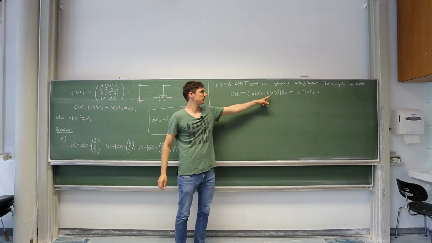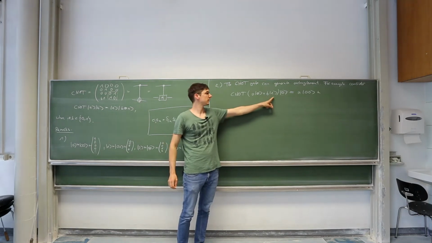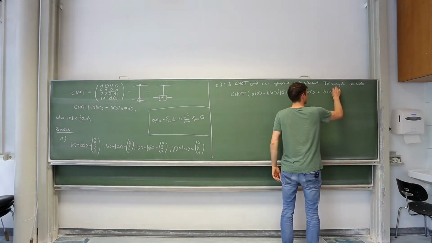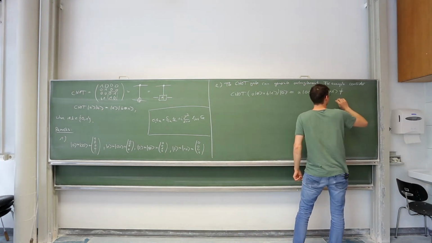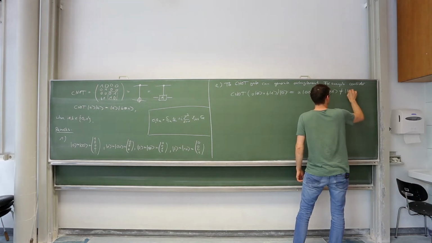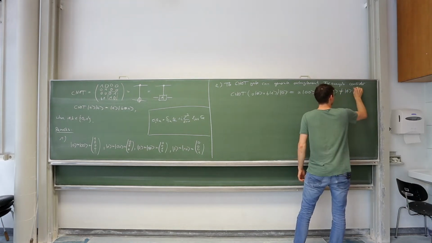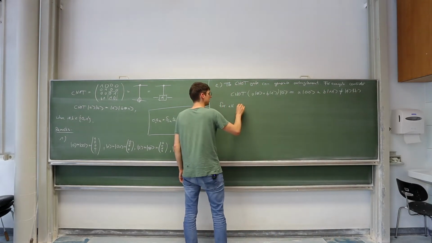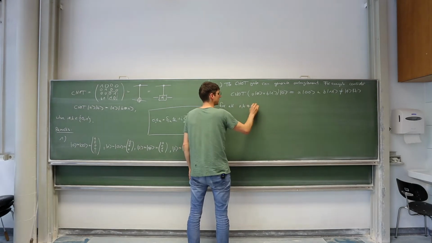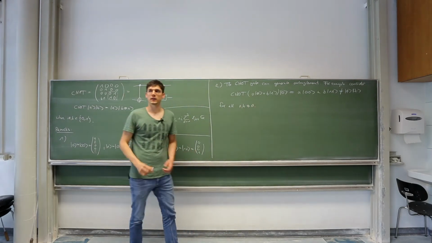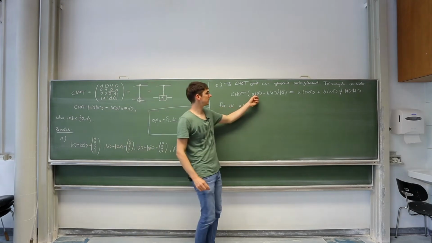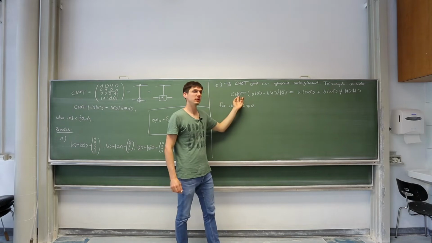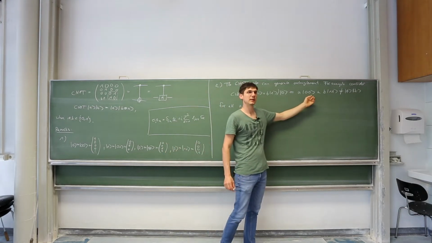And if the first qubit is 1, then the second qubit is flipped. So we have plus B times (1, 1). And this is an entangled state, meaning it's not a product state, for all choices of A and B such that they are unequal to 1. Right? There you see that we started from a product state, we performed the CNOT-gate, and what we get out is an entangled state.